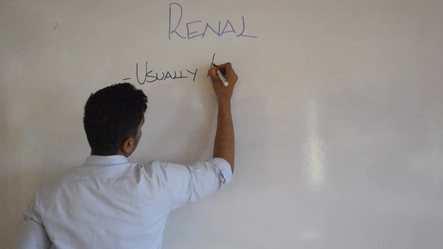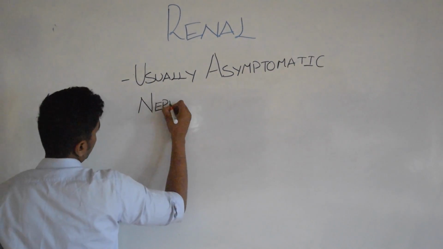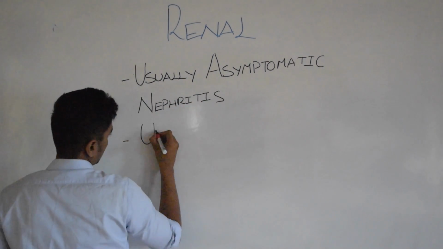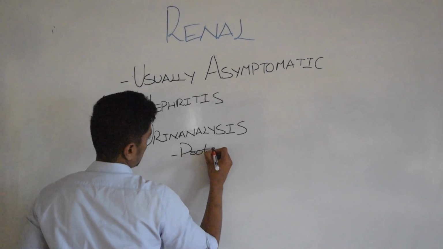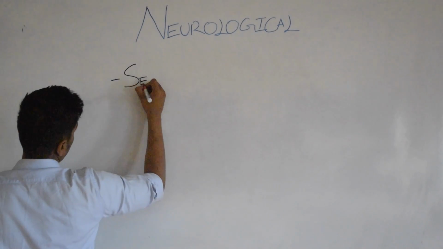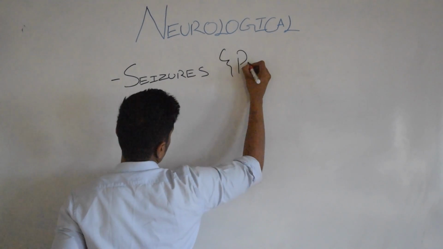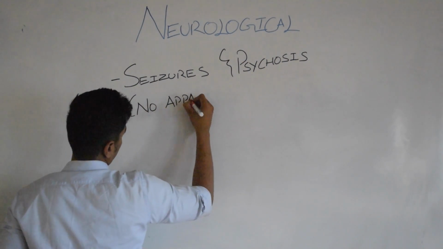In renal disorders, the most common is asymptomatic nephritis. On urine analysis, it shows proteinuria and cellular casts. Neurological disorders such as seizures and psychosis are pretty common and they do not have any apparent cause.